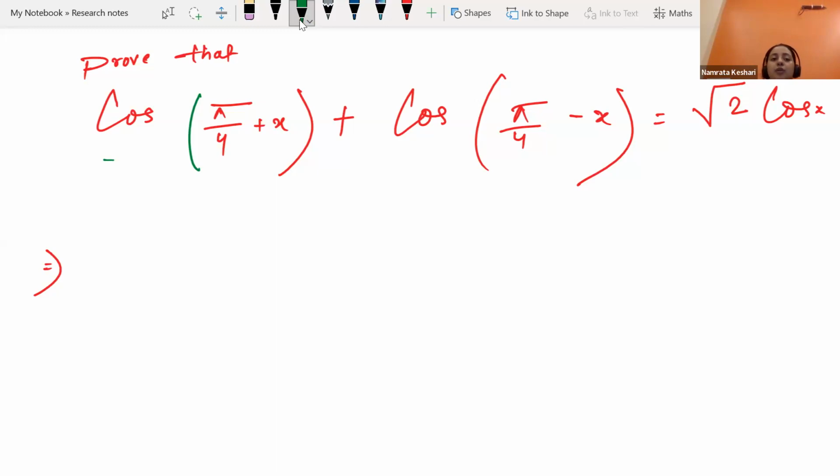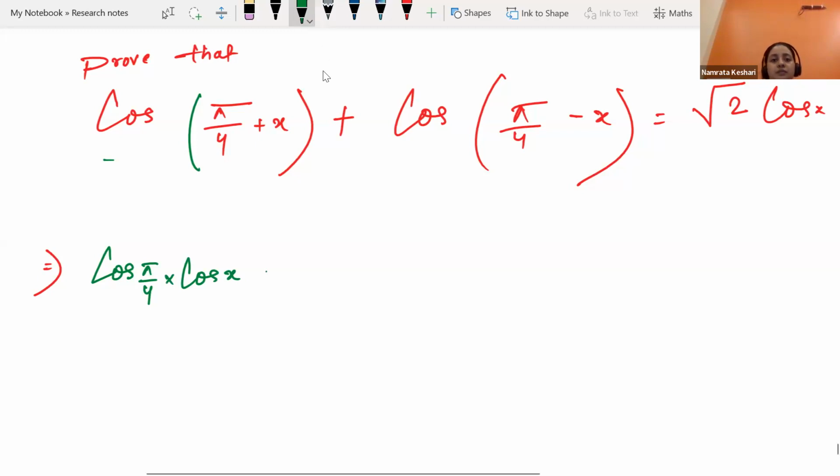Okay, so that's why we are using the x plus y formula, which says that we will be having cos x. What will be the next term? Cos y, ma'am. Cos pi by 4 into cos x. Then plus or minus? Plus, ma'am.